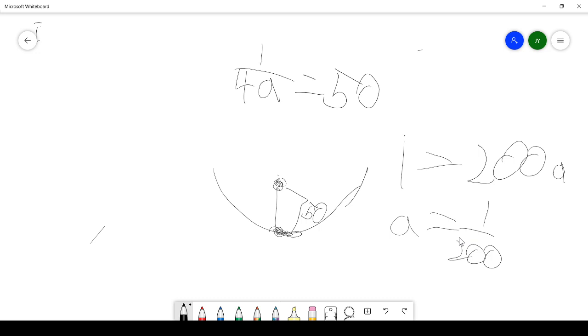So assuming we do that, y equals 1 over 200 x squared is the answer to how you would solve this. Is that right? Hmm.